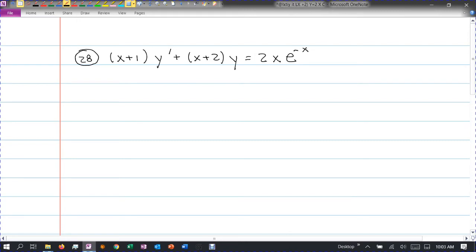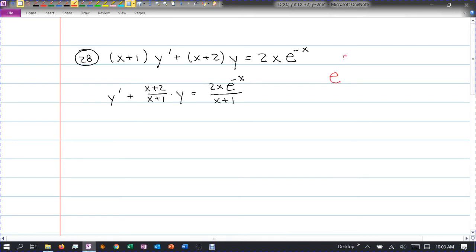I just need to divide through by x plus 1. So I'm going to have y prime plus x plus 2 over x plus 1 times y equals 2x e to the negative x over x plus 1. Yuck. All right, let's go.